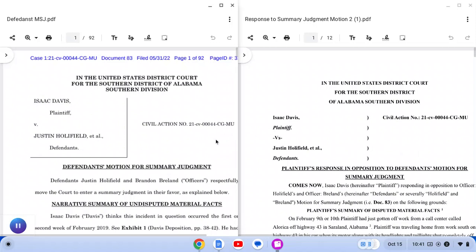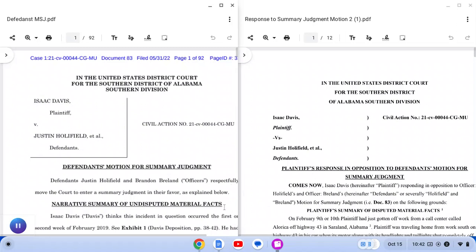But anyway, what I'm not going to focus on is what they're saying right here or what I'm saying right here. I'm going to focus on the causes of action, the disputes within the causes of action.